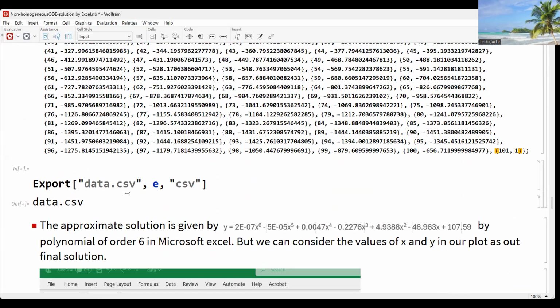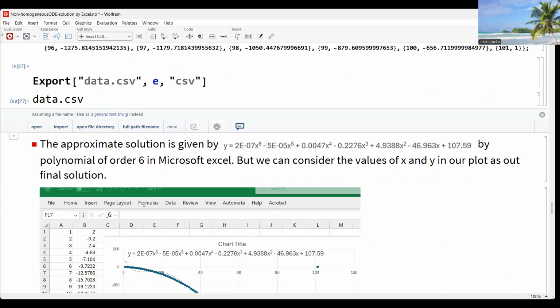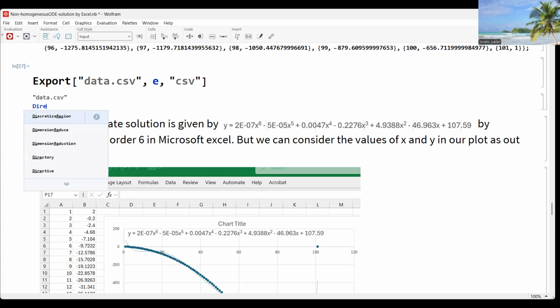So right here, export the data to CSV. So we have this one, data.csv. Then after that, write the directory here.